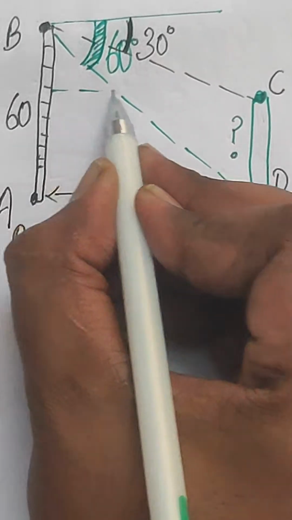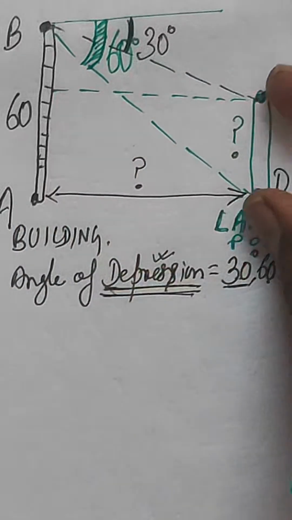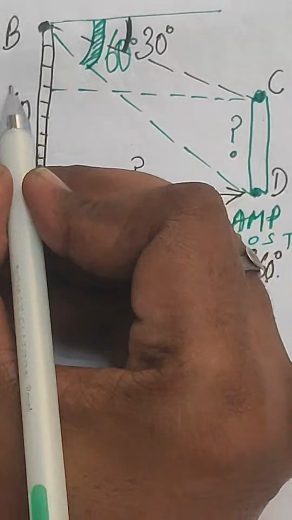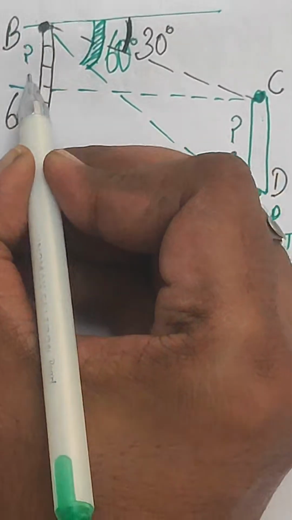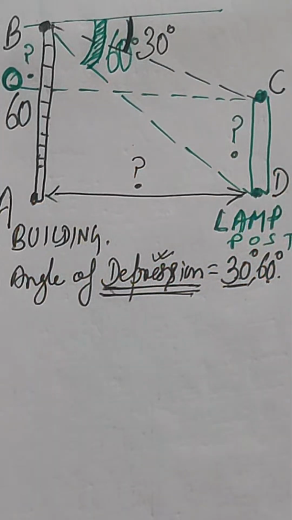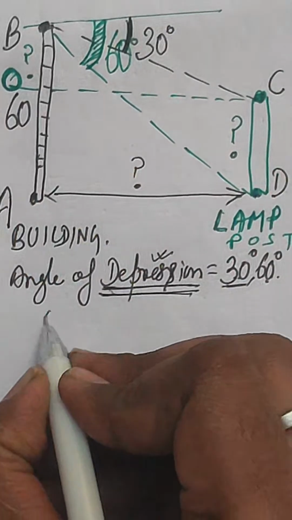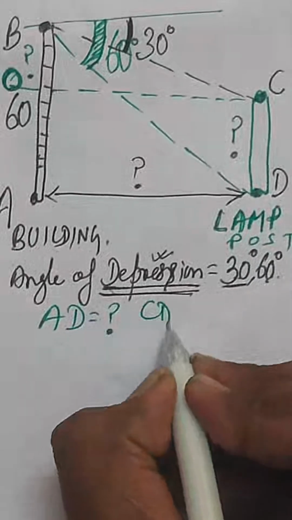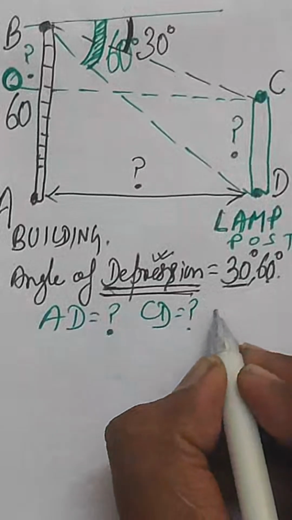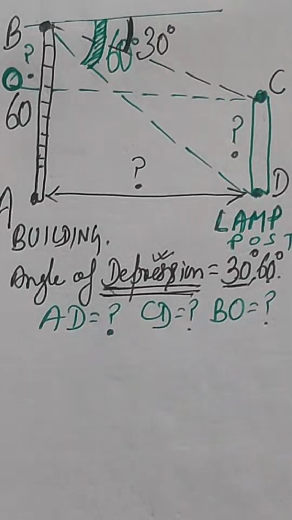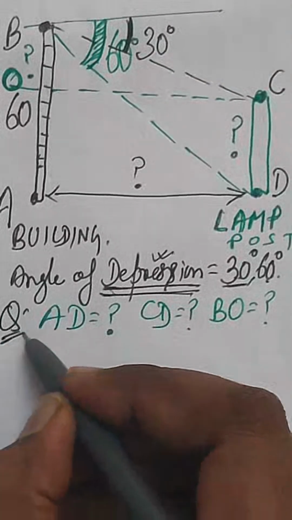So, if CD is the height of the lamp post and AB is the height of the building, then the height of this section, let's say if this is O, then BO also needs to be calculated. Okay. So what are the things which we need to find? We need to find AD, we need to find CD, we need to find BO. Okay, these are the three options. This is the question to us.